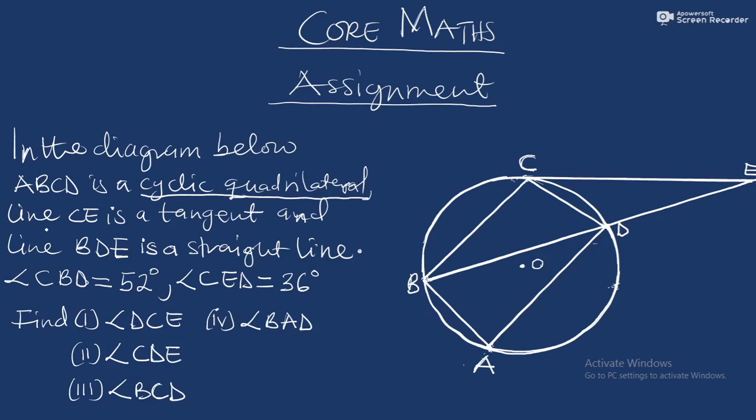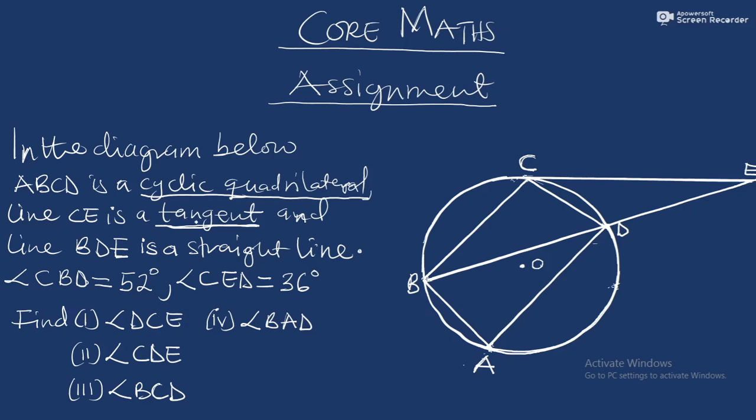Good. So we're also told that line CE is a tangent. This also tells us that on our diagram, if we are able to apply a theorem on tangent to the question, we'll be able to solve some of the angles. I hope you get it.